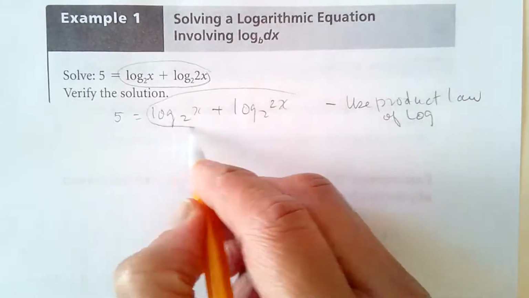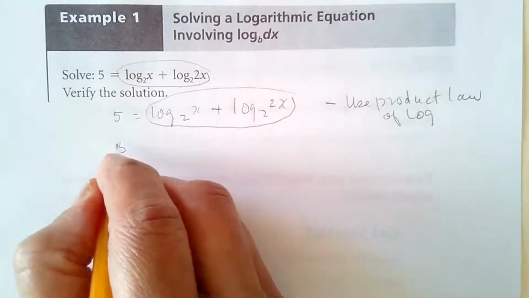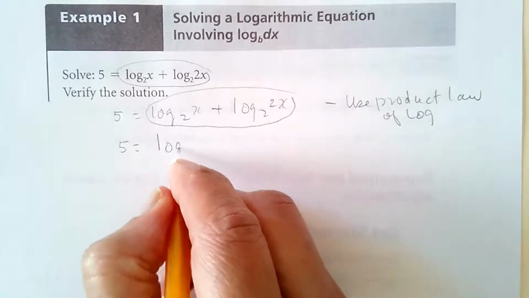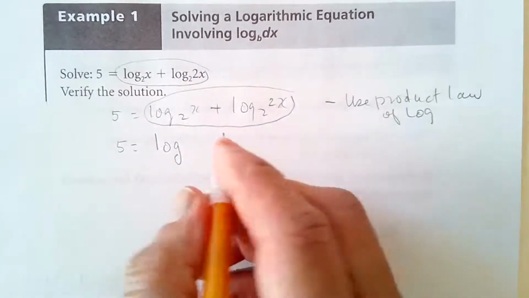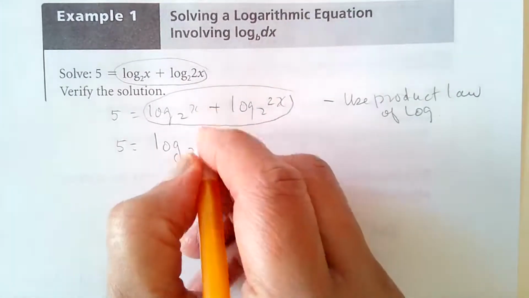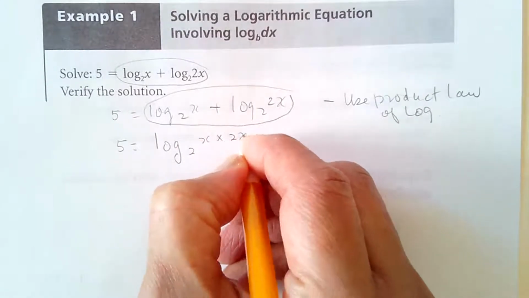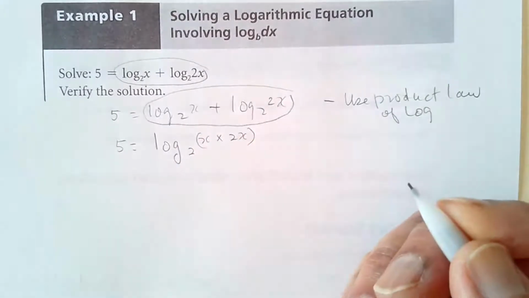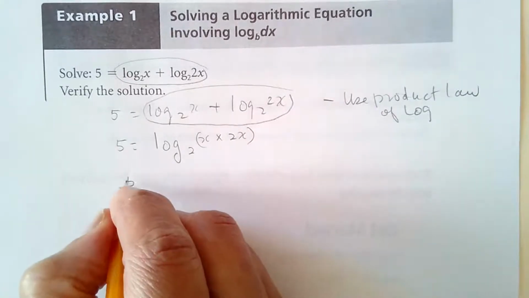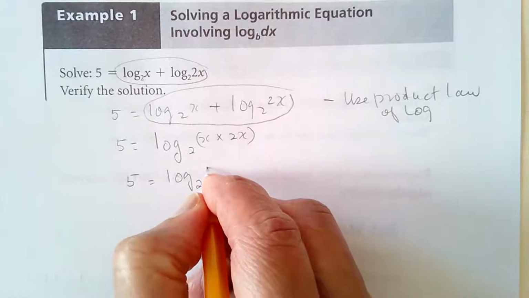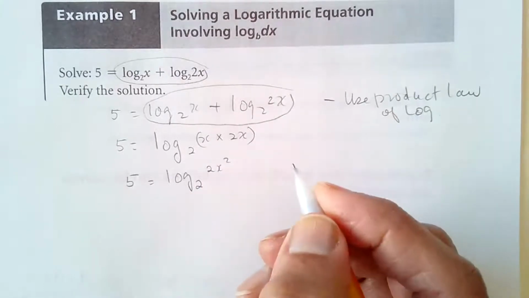By doing that, this becomes log base 2 of x multiplied by 2x. So 5 is equal to log base 2 of 2x squared.